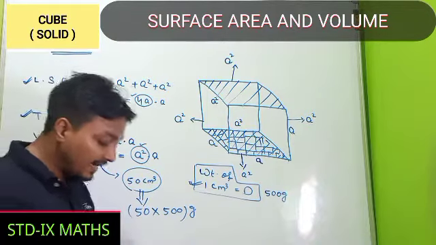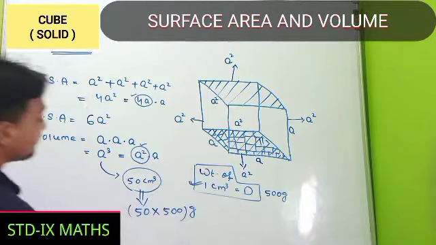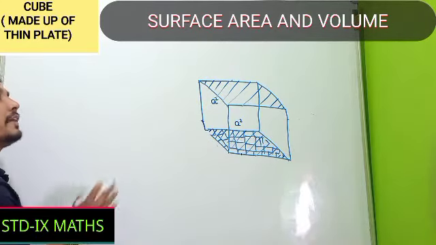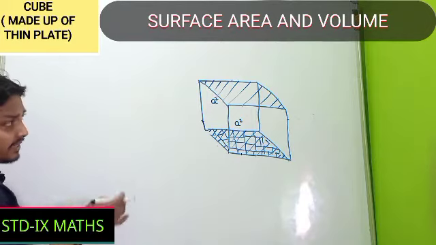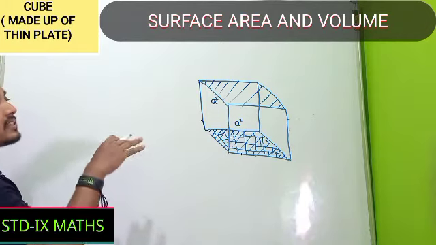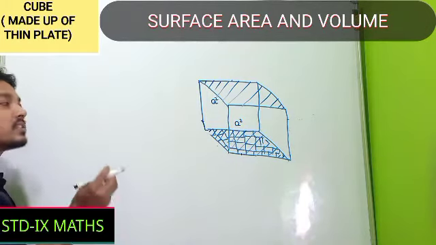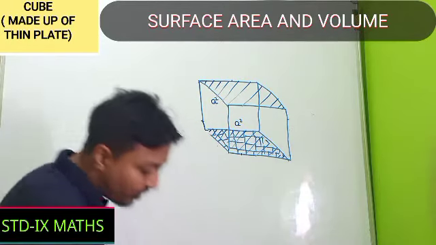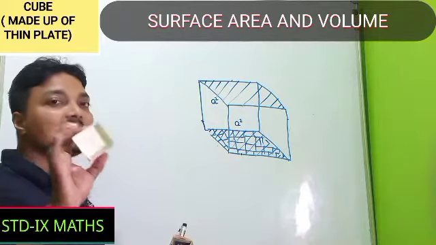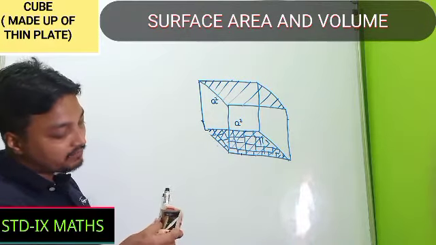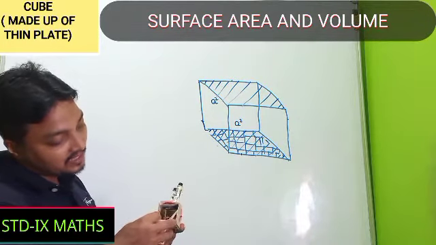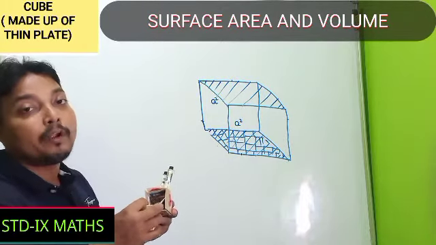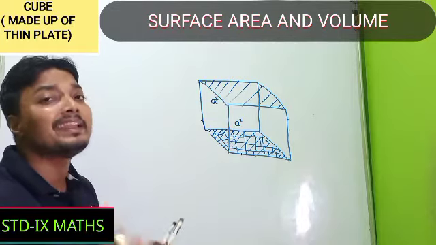Okay, so in that case, how can we do the discussion? Remember, whenever the question says the cubical structure is hollow inside, otherwise empty inside, just like our chalk box, where each plate is thin, the width of the plate is very negligible.